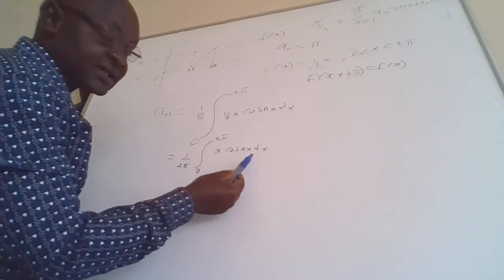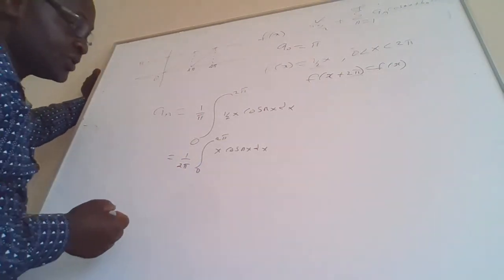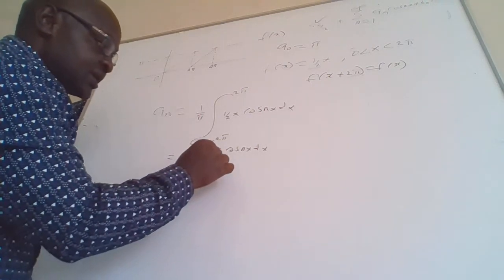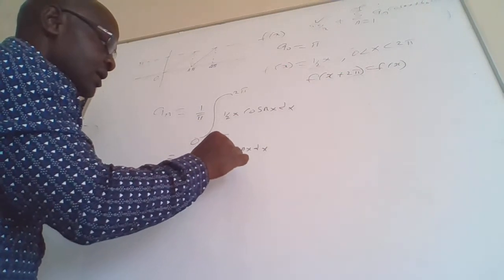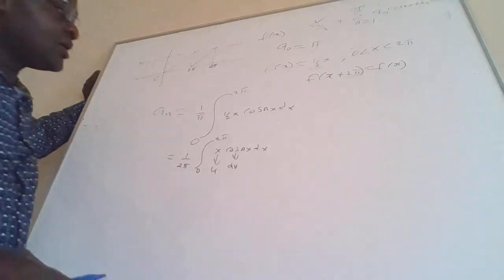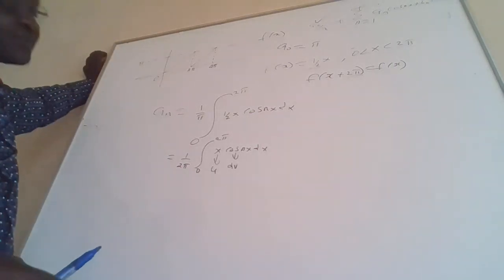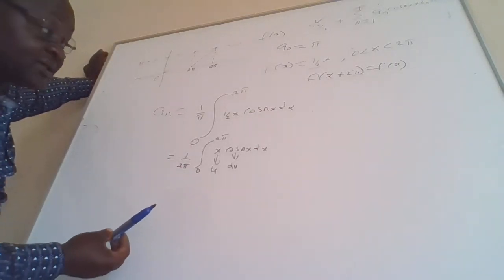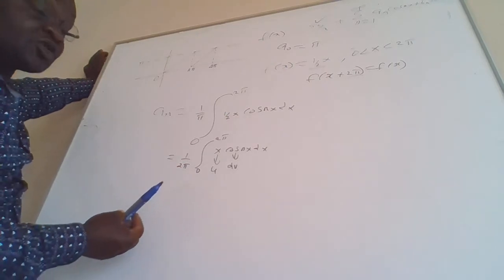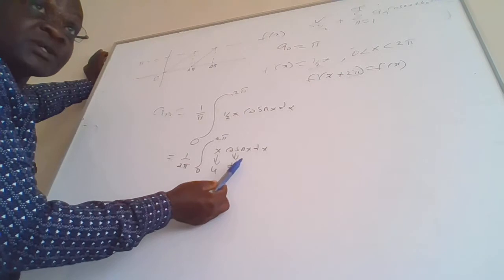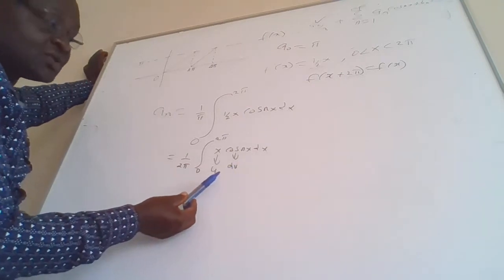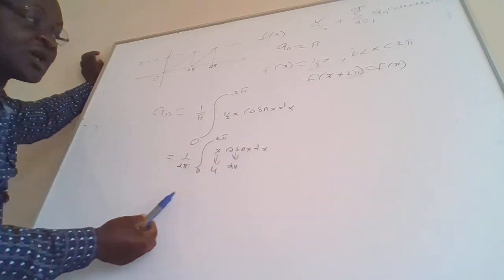So here we integrate this by parts. We shall assign x to be our u, and cos nx will be our dv. Now, when you are integrating with integration by parts, when the log term is present, you take it as u. In this case, we don't have the log term.